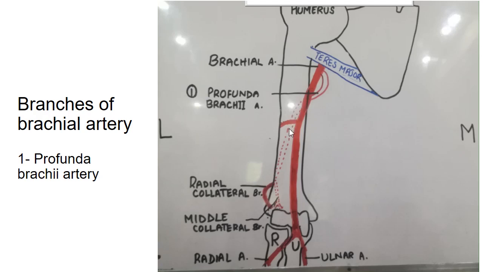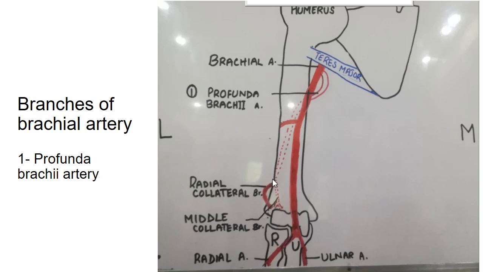This dotted part of the profunda brachii is indicating its course on the posterior aspect of the humerus. It arises from the brachial artery, it then passes through the radial groove on the posterior aspect of the humerus. In the radial groove, the profunda brachii artery accompanies the radial nerve which also passes through the radial groove on the posterior aspect of humerus.